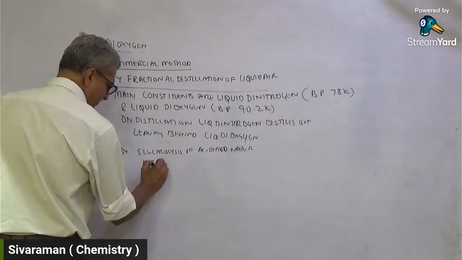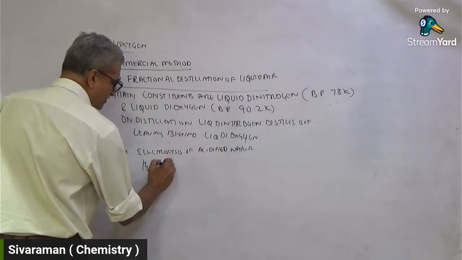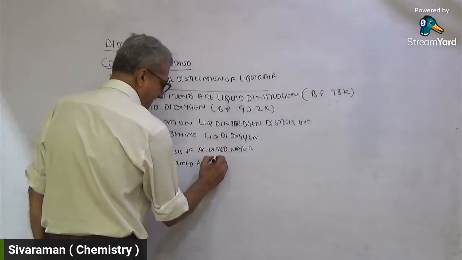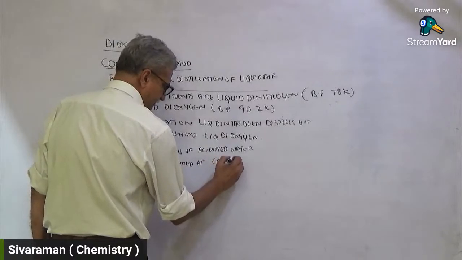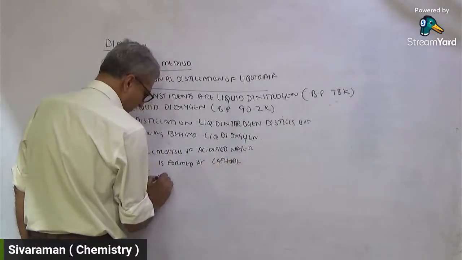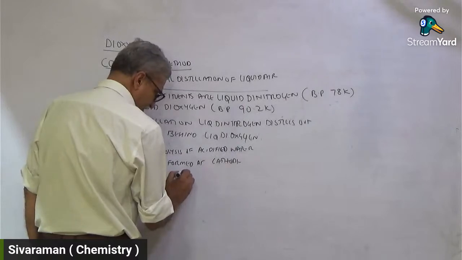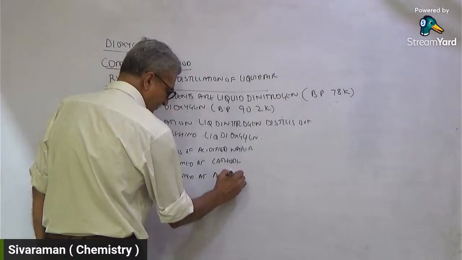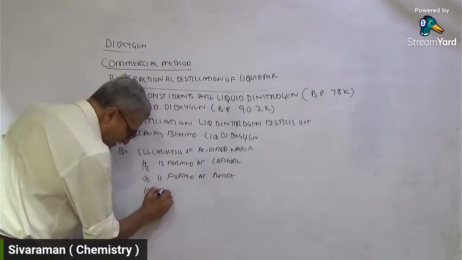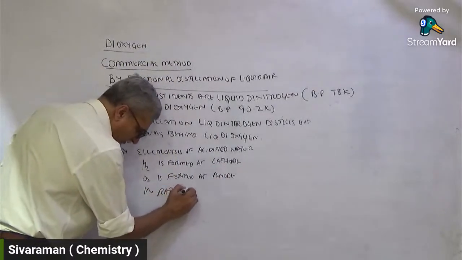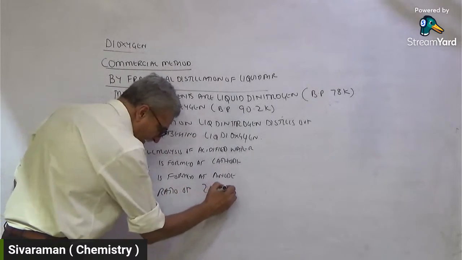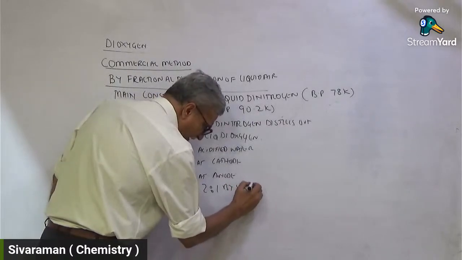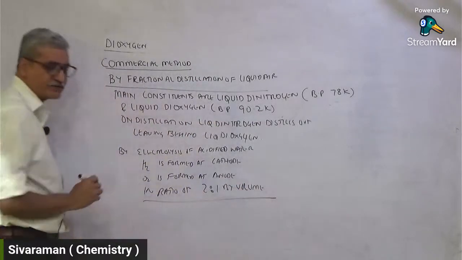Hydrogen is formed at the cathode, and oxygen is formed at the anode, in a ratio, that's very important, of 2:1 by volume. So this can be a question on its own.